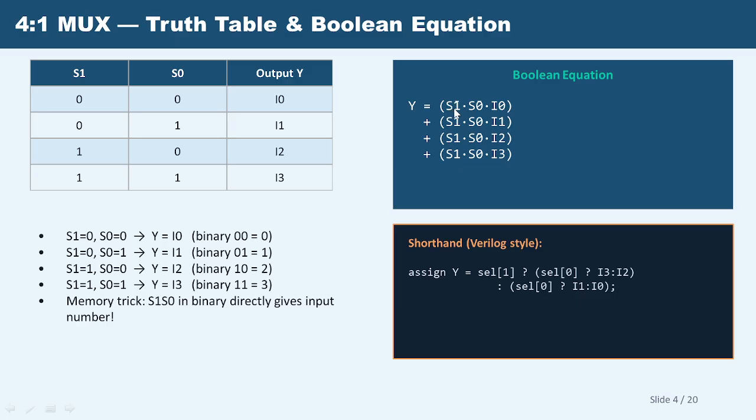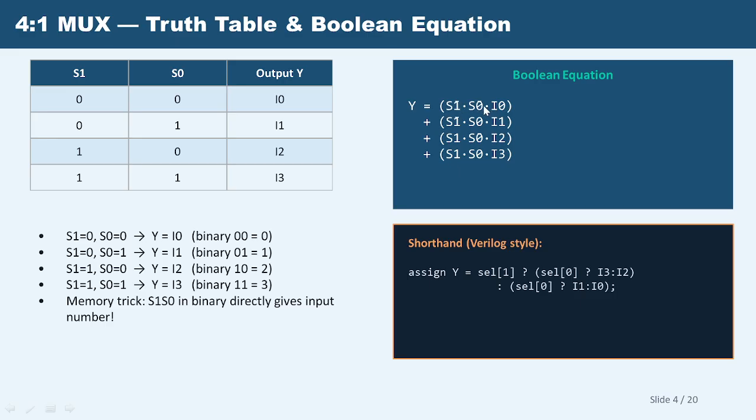If S1 is 0 for the first one, and S0 is 0, we have a dash here, that is called an inverter symbol, meaning NOT gate. We are applying NOT gate here. For S1, NOT of 0 becomes 1. Like that only, for S0 it has NOT operation, so S0 becomes 1.